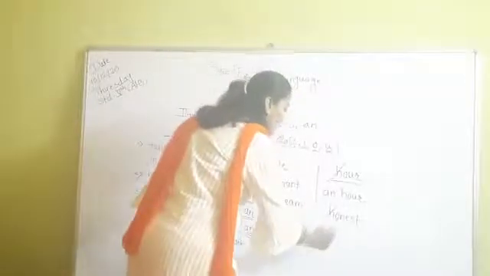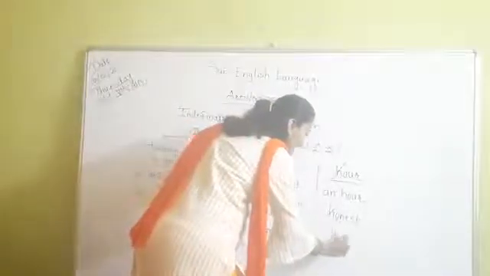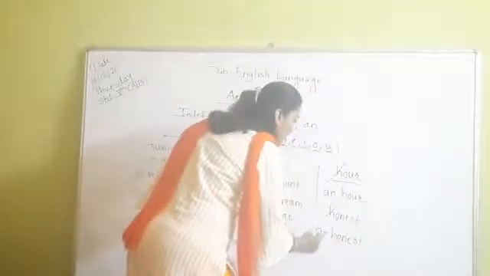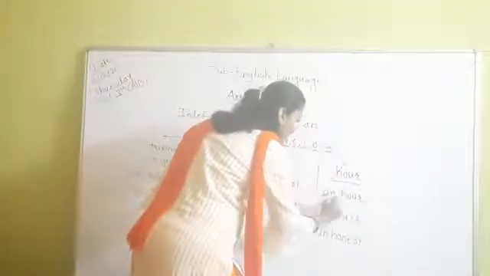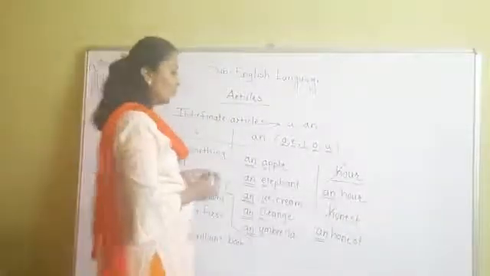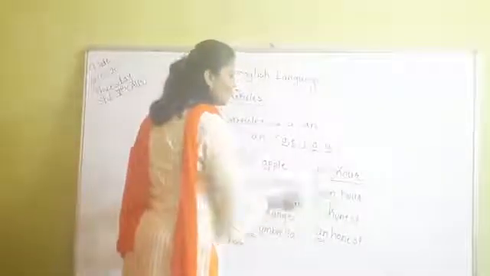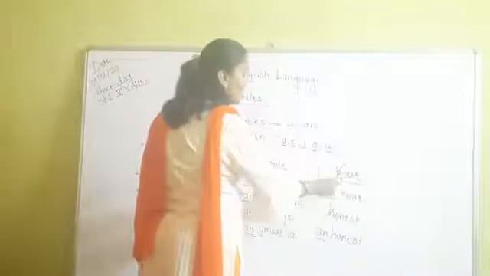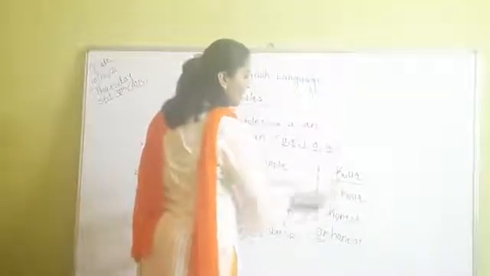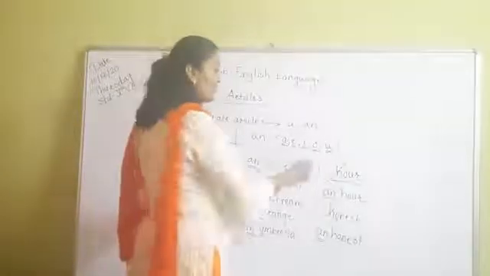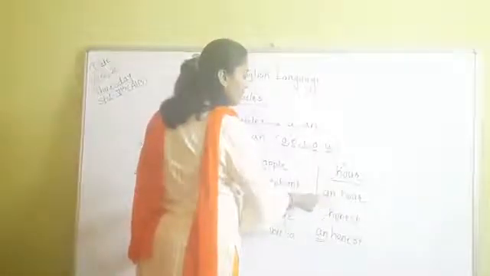Okay? So when we are writing this word honest, we are using an before these words. Now have you understood, students? In both the spellings, H is silent and so we do not pronounce H. Okay? And the next alphabet is O and we pronounce it as R. So we are using an before this word.